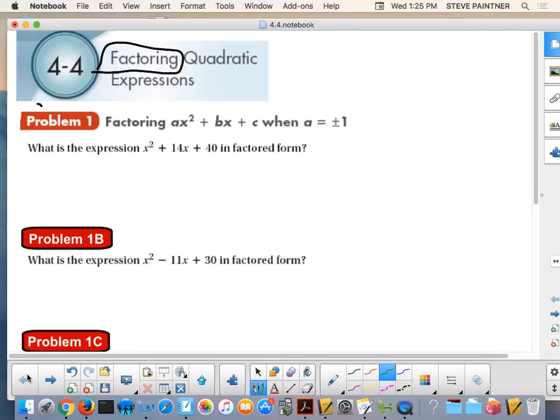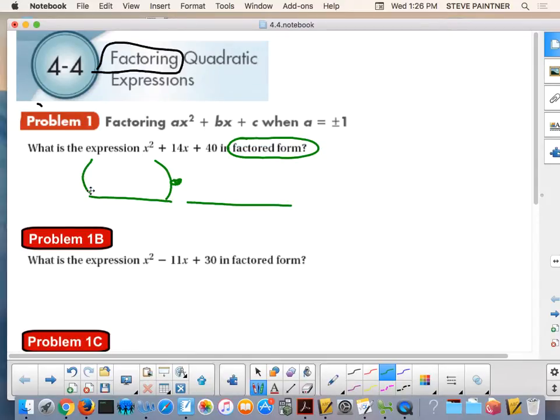Let's just go. Your first problem is x squared plus 14x plus 40. Take this expression and rewrite it in what form? Factored form. You should be thinking, factored form means give me 2 numbers that multiply to give you the number up above. This is a trinomial.